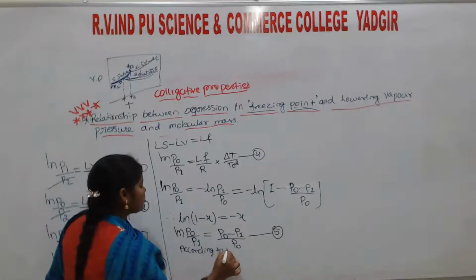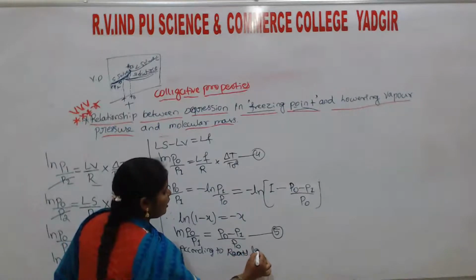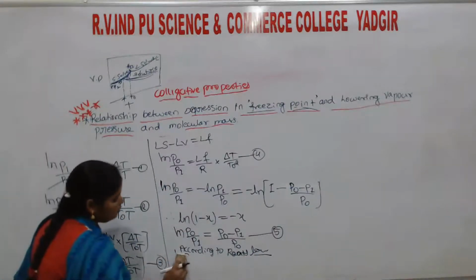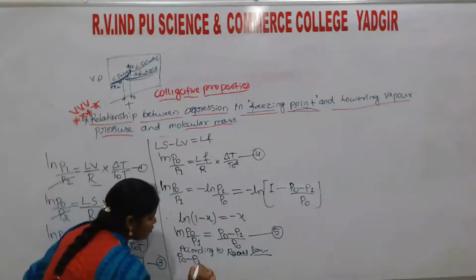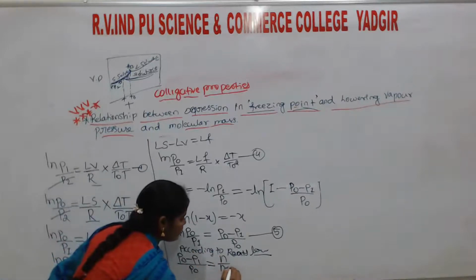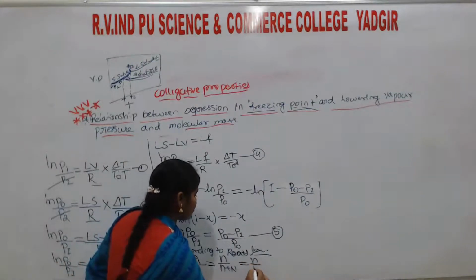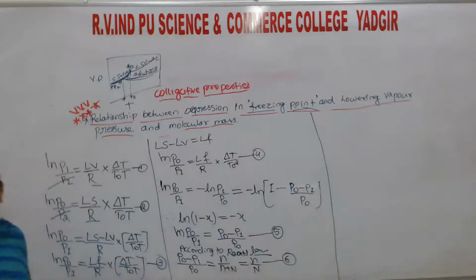According to Raoult's law, ln of P naught minus P1 divided by P naught is equal to n divided by n plus N, and where n compared to N is very small, this is written as n divided by N. This is equation number 6.